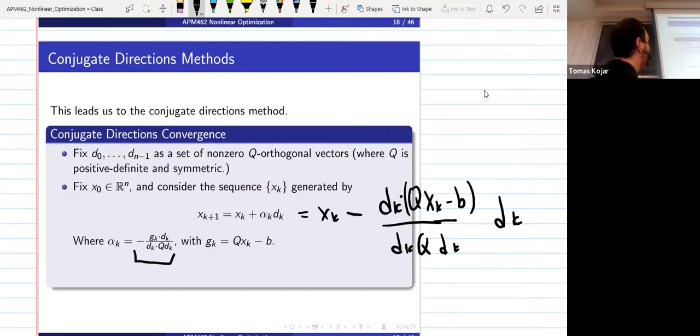Anyhow, we'll explain all this stuff, but the intuition here is, why do you think the Q x_k minus b goes to zero? The answer is very simple. Supposing that x_k converges to the minimizer, why should this go to zero?